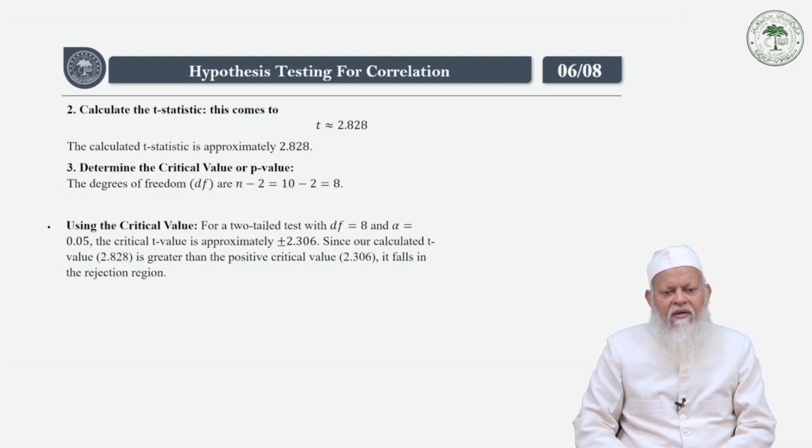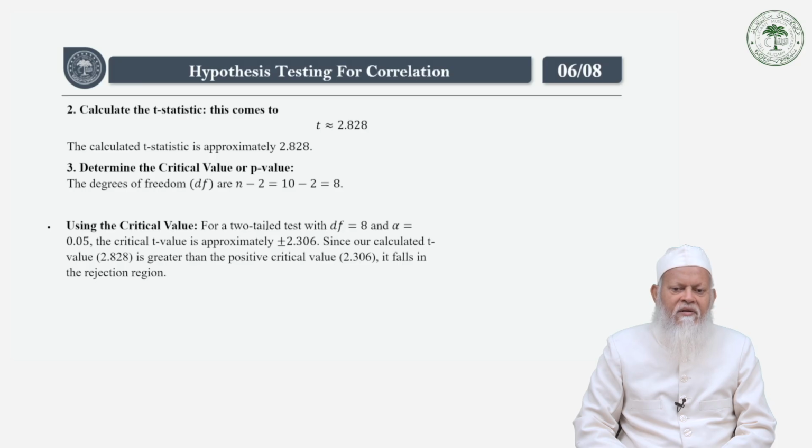So we have to check for the critical value in our book. What we find is that the critical value for a two-tailed test with degrees of freedom 8 and alpha equal to 0.05 is 2.306.